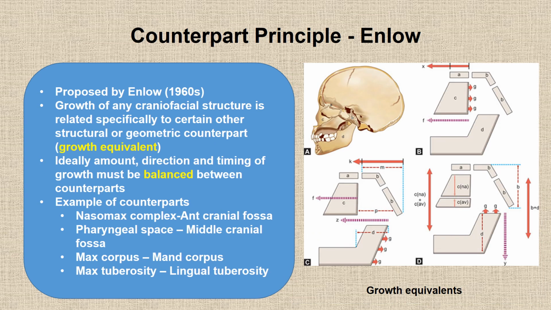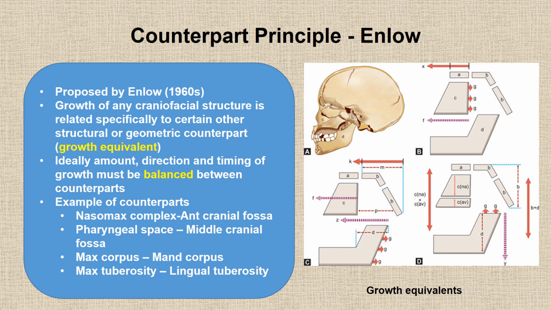Now, the counterpart principle, also proposed by Enlow in the 60s. Now, it basically means that growth of any craniofacial structure is related specifically to certain other structural or geometric counterpart known as a growth equivalent.